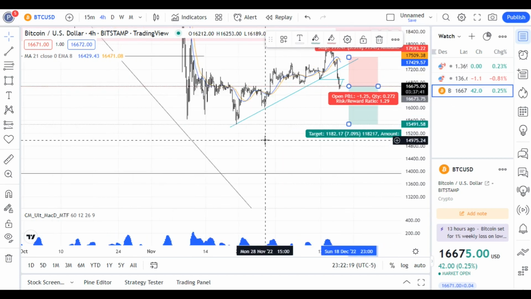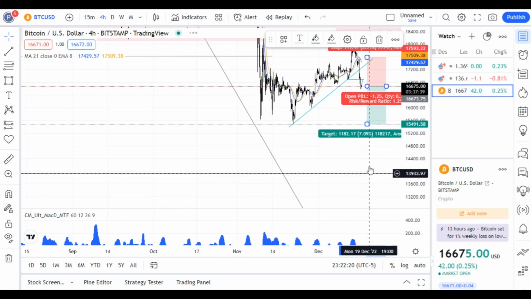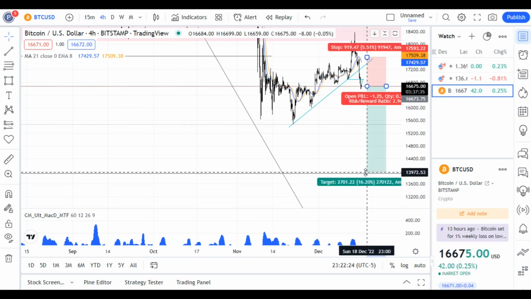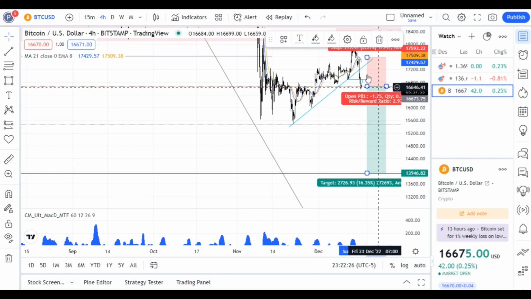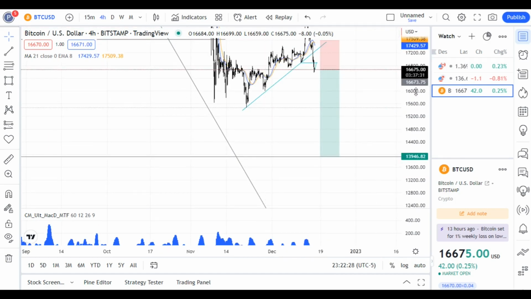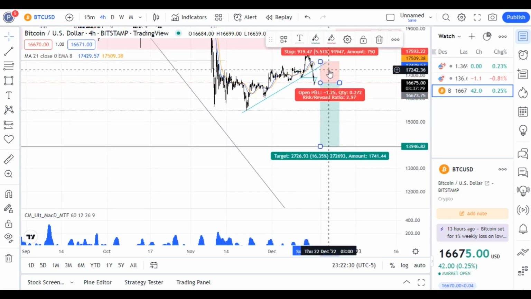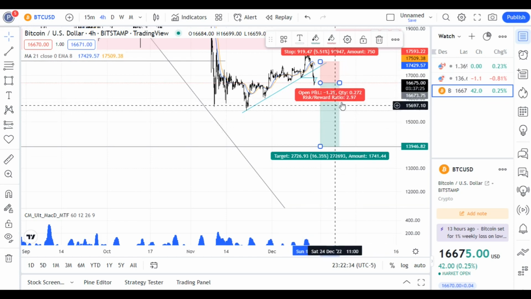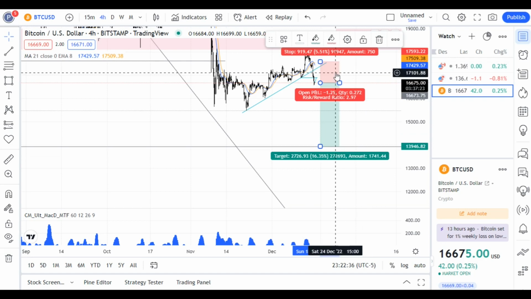So if you want to trade to this level, it's fine, but the stop loss is very important. How much are you having? 1:2 is okay. So this will be an aggressive entry point.